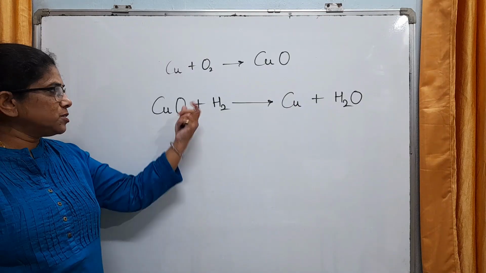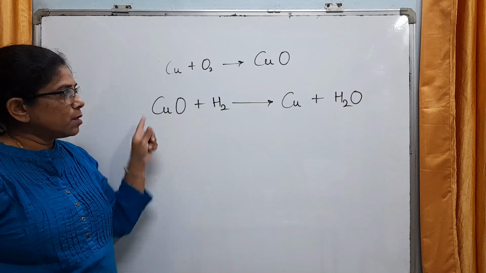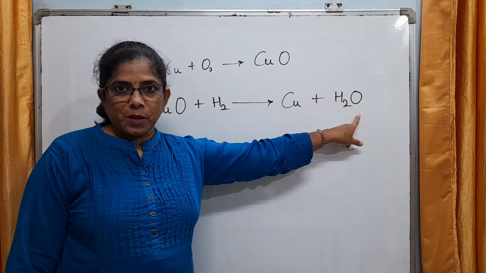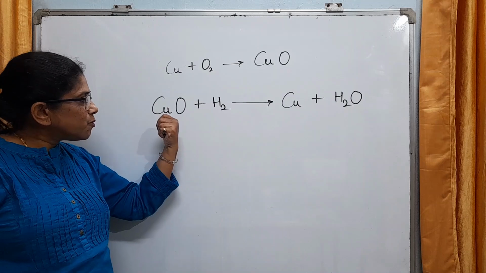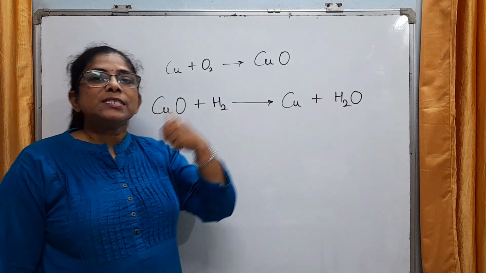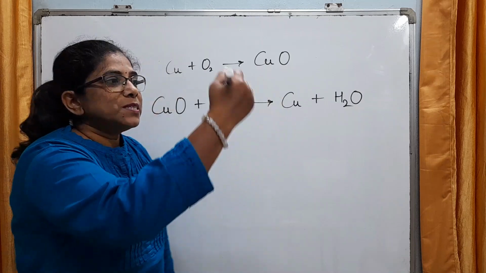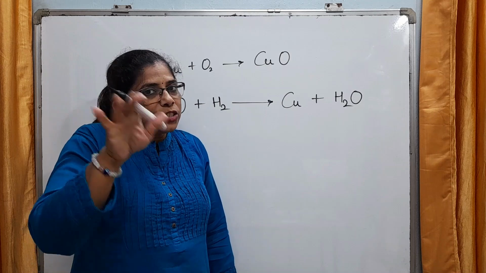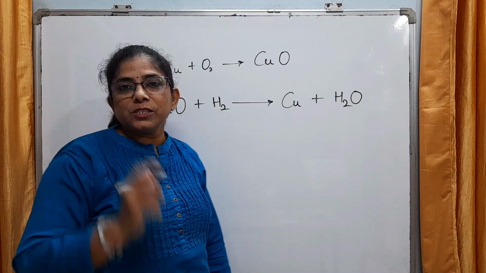Oxygen is removed from copper, but it gets added to hydrogen to form water. So here oxygen is removed from copper oxide, but to hydrogen it's added. Means removal of oxygen is called as reduction, and addition of oxygen is called as oxidation.